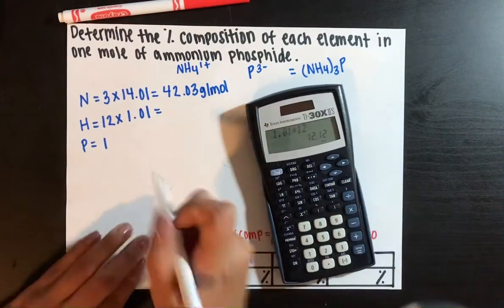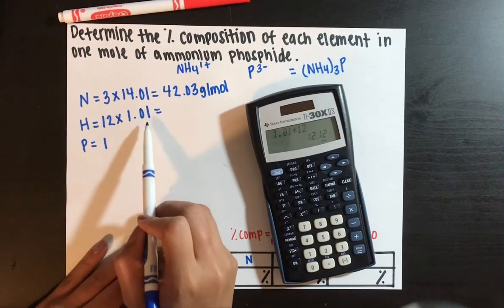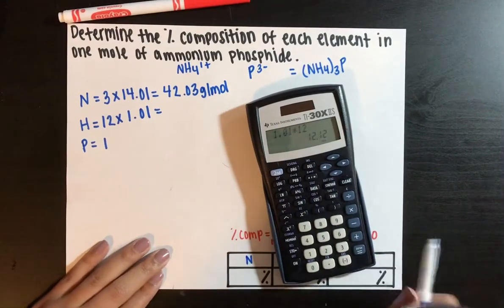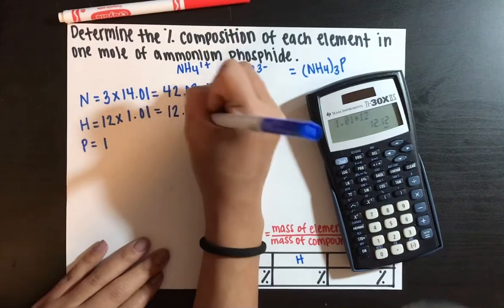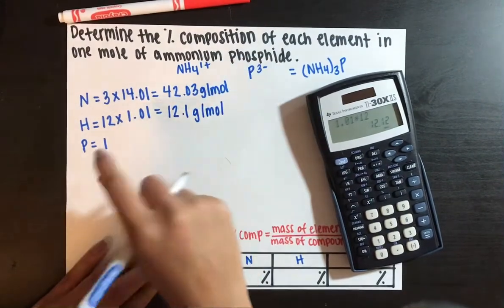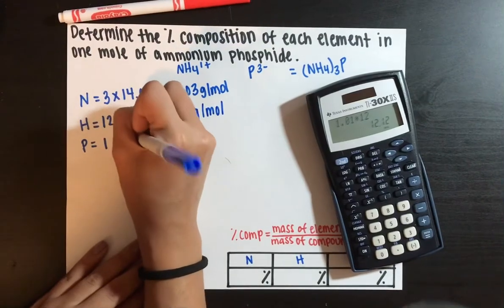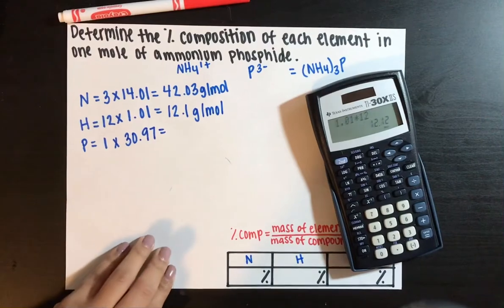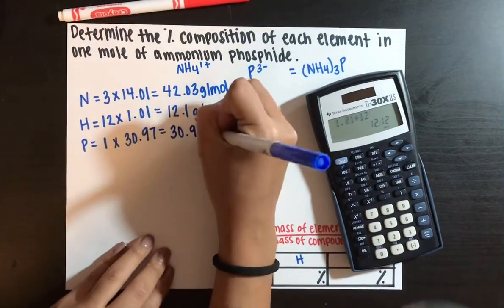But since we only have 3 significant figures in 1.01, our final answer has to have 3 significant figures, so our answer should be 12.1 grams per mole. For phosphorus, the molar mass from the periodic table is 30.97, and 1 times 30.97 is 30.97 grams per mole.